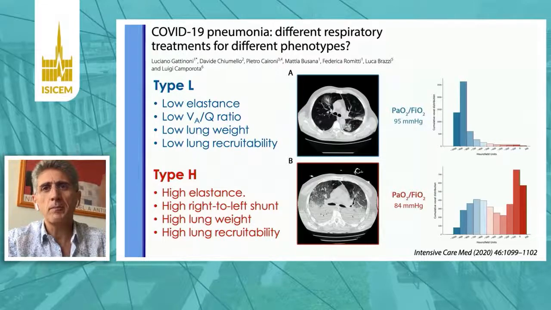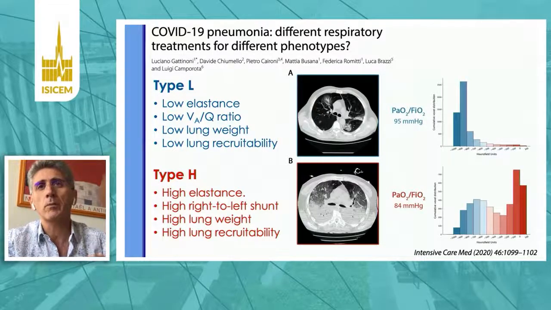With roughly the same PO2 FiO2 ratio, the patient depicted in picture B, and this patient is actually ventilated with a PEEP of 5, has a very low compliance, higher right to left shunt ratio, with high lung weight and high lung recruitability.